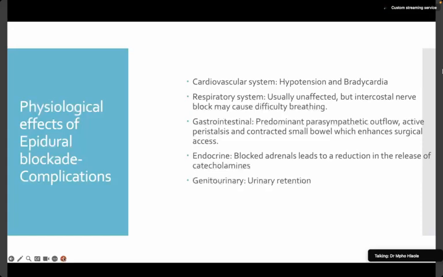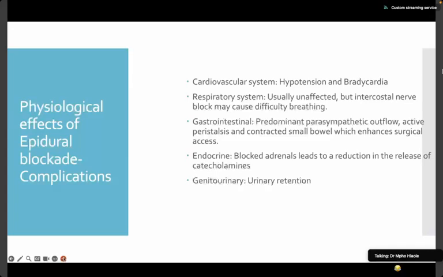When it comes to gastrointestinal, there's a predominant parasympathetic outflow. So peristalsis is active, and the small bowel will contract, and they say it enhances surgical access. So your surgeon will be in love with you at this time, like, wow, I can see everything I need to see.